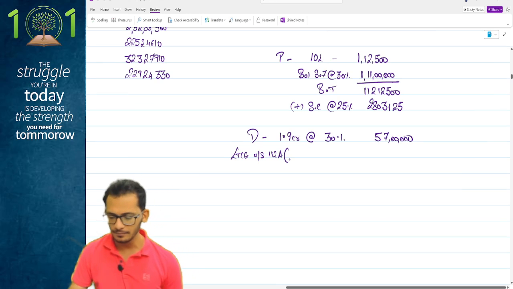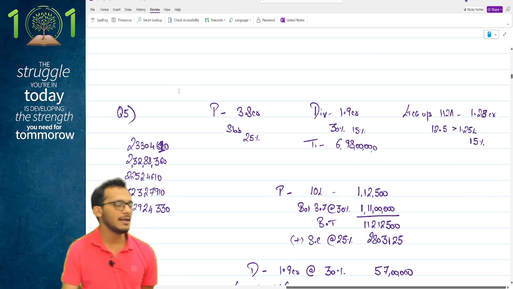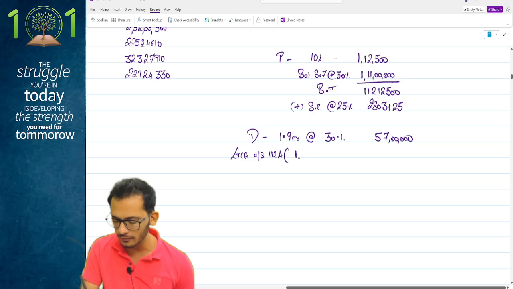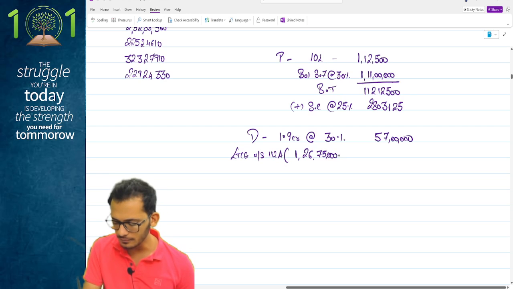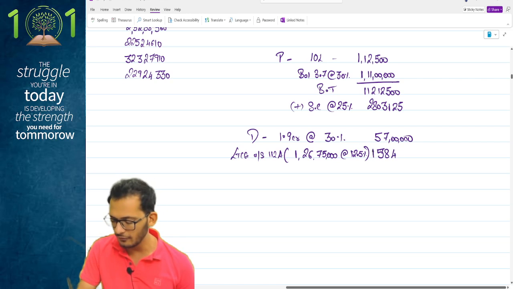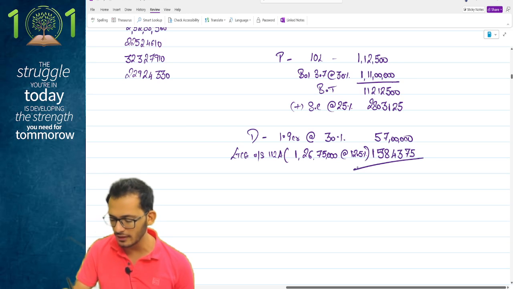How much was my income? 1.28 crores. 1 crore 28 lakhs, from which I will remove 1 lakh 25,000, which means my income becomes 1 crore 26 lakh 75,000, at the rate of 12.5%. Number becomes 15,84,375. I'll add both the numbers.